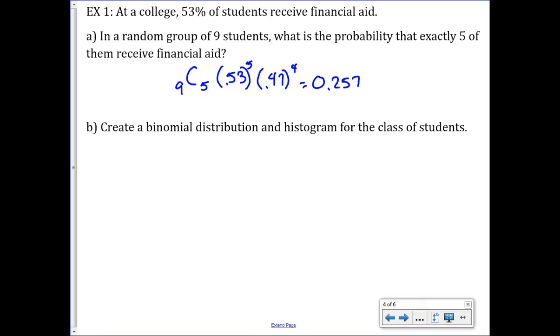All right. Create a binomial distribution in a histogram for the class of students. Binomial distribution is where we are finding all of those probabilities. So I want to know when k equals 0, k equals 1, k equals 2, all the way up to k equals 9.